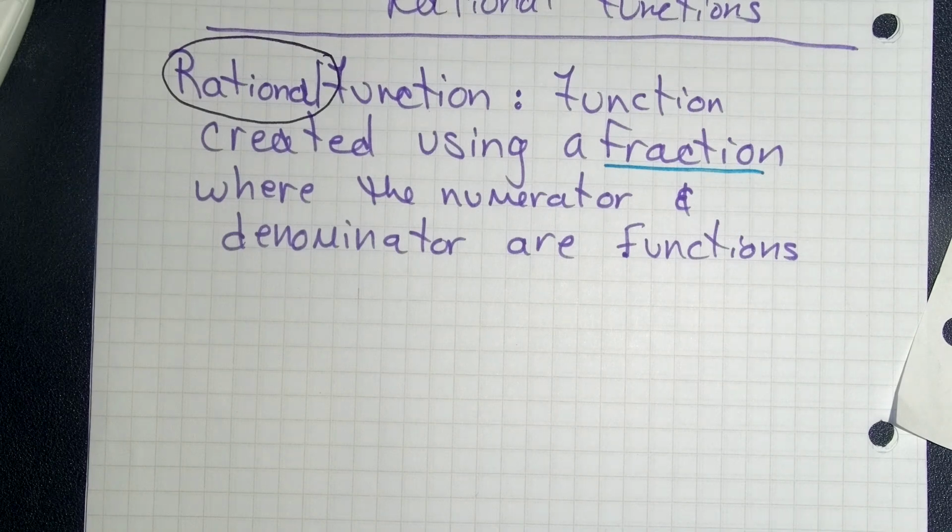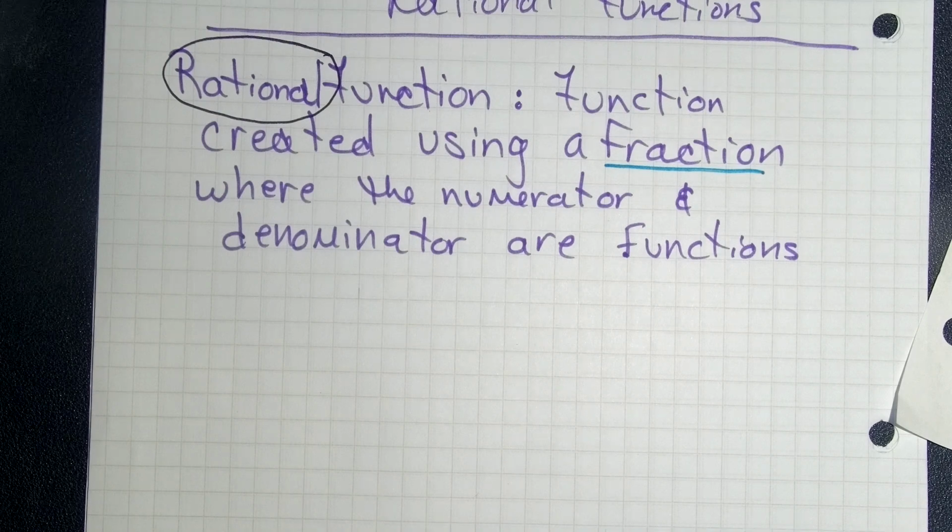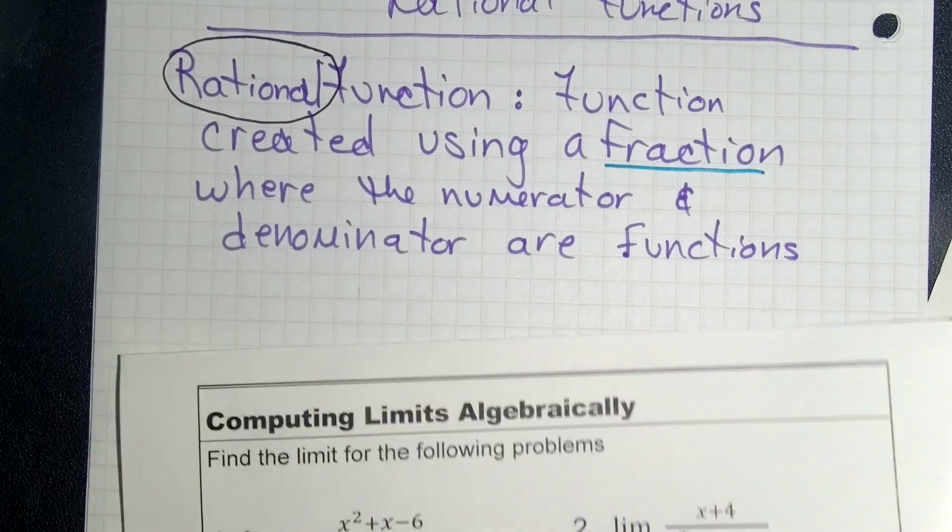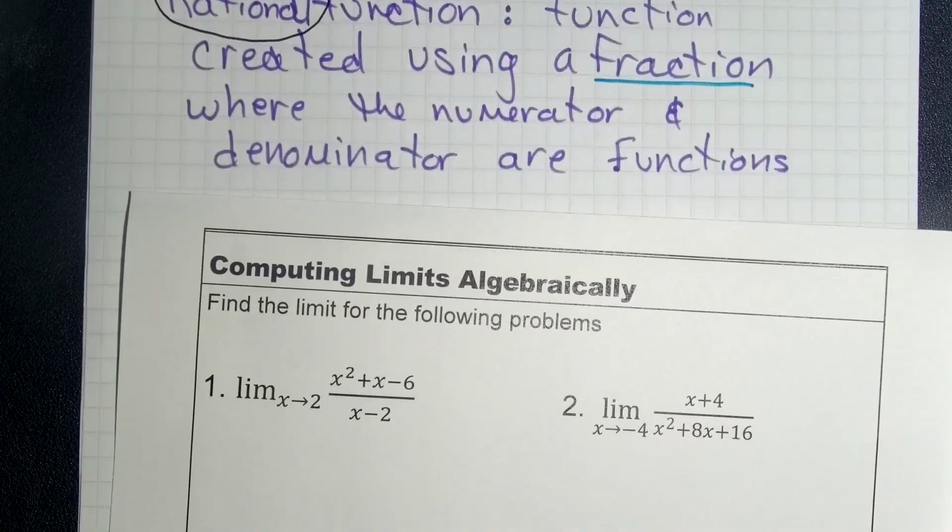Make sure you all have a calculator. When you're done writing this down and you've taken out that sheet, I want you to complete the first two problems on that sheet.